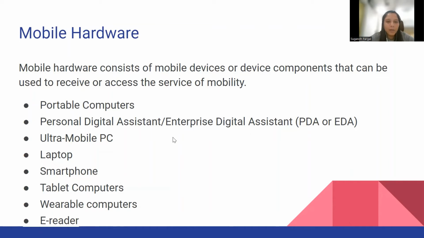That may be portable computers, personal digital assistant or PDA, enterprise digital assistant or EDA, ultra mobile portable computer, then laptops. We have the smartphones, tablet computers, wearable computers, e-readers. These are the mobile hardware, the devices which can be moved from one place to another and that make the communication possible.